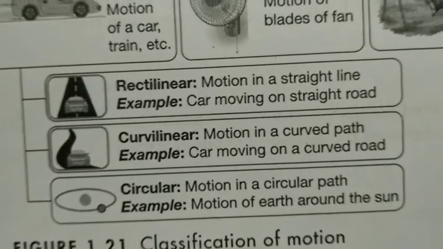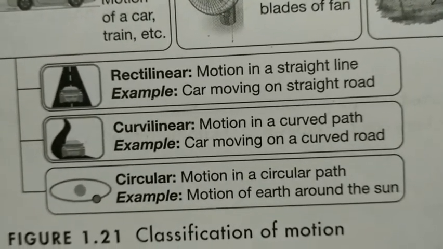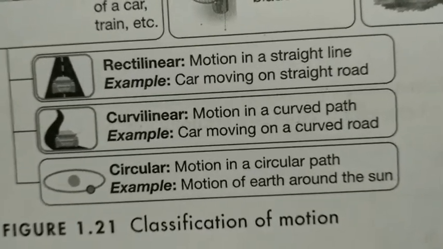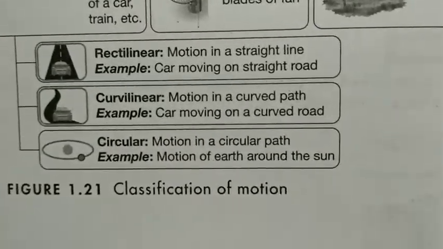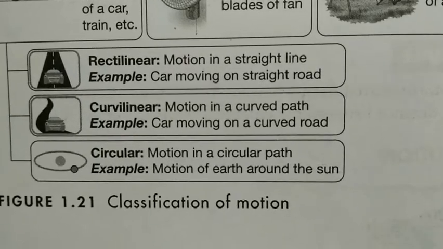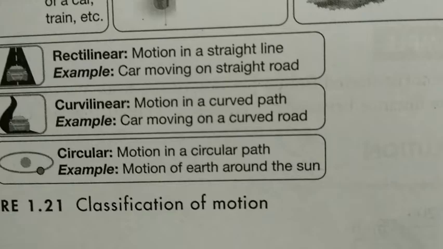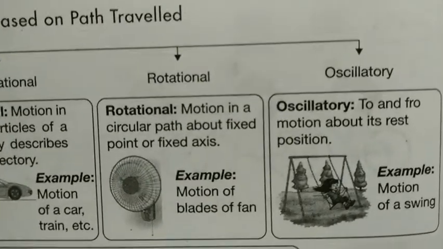In that, once again there are three types: rectilinear, curvilinear, and circular. By the name itself you can get an idea. Rectilinear is motion in a straight line. Curvilinear is motion in a curved path. Circular is motion in a circular path.